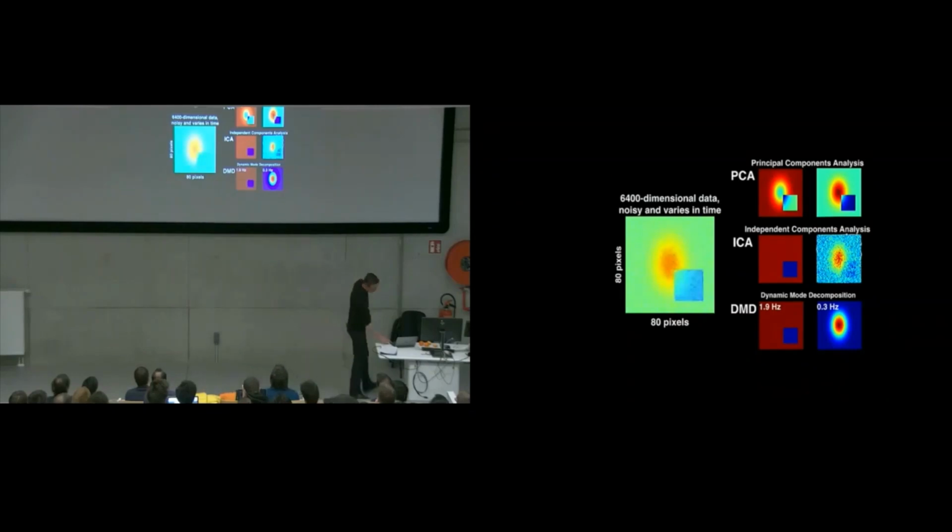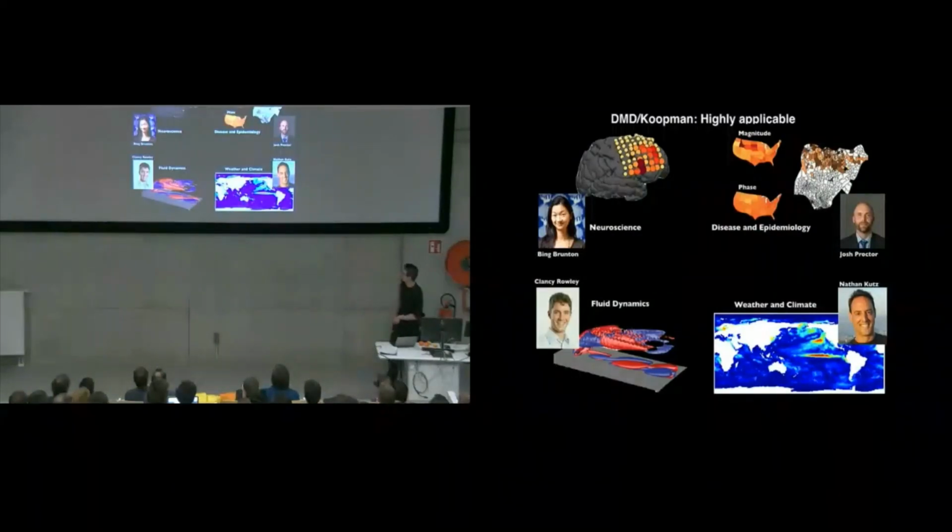Okay, and since its origination, it's been applied to tons of different systems, weather and climate, neuroscience, lots of other fluid systems, disease modeling now, robotics, and things like that. And one of the things I will tell you later on in this lecture, one of the things I like about DMD is it is a very simple formulation of an important problem in terms of linear algebra.